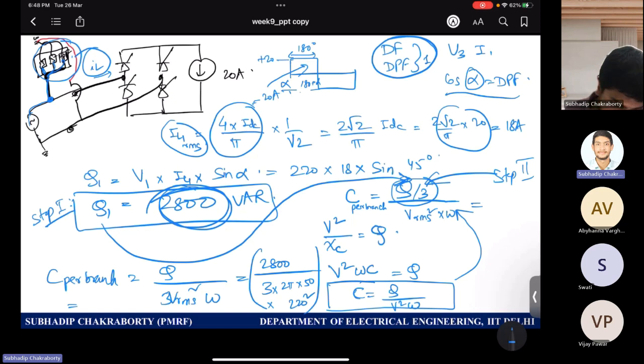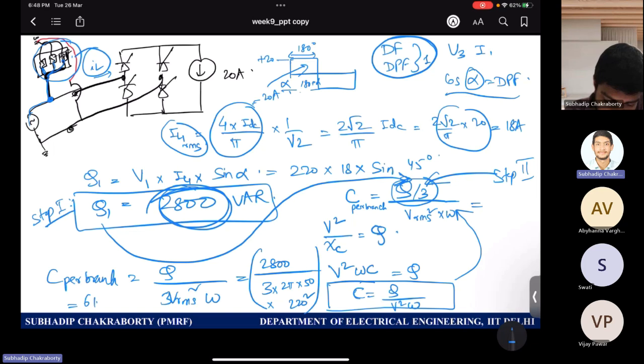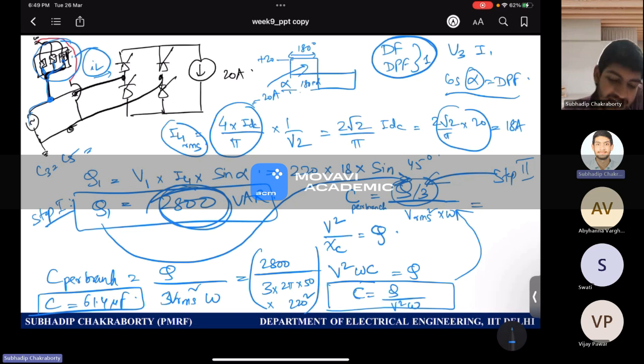What is coming? 61.4 microfarad. And as I told you, C3 equal to C5 for the third branch, fifth branch, and HPF, all are the same. So this is an assumption.